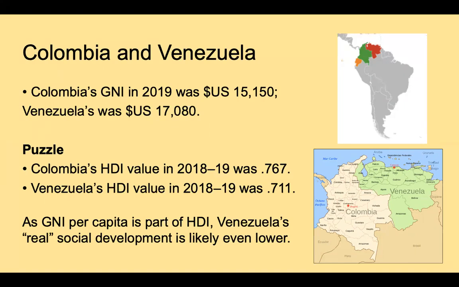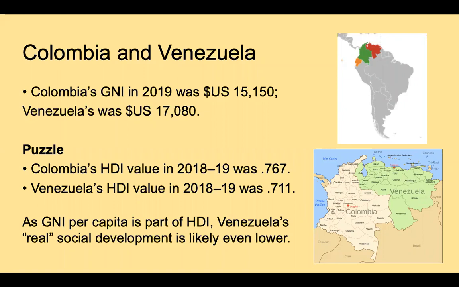But the puzzle begins to emerge when you consider their human development outcomes. Despite having a lower income per capita, or per person income, Colombia had a higher HDI value, or human development index value. Remember that takes into consideration those 3 different components, including income, but also education rates and then mortality rates, considerably higher in Colombia, 0.767 on a scale from 0 to 1, 1 being the most developed.